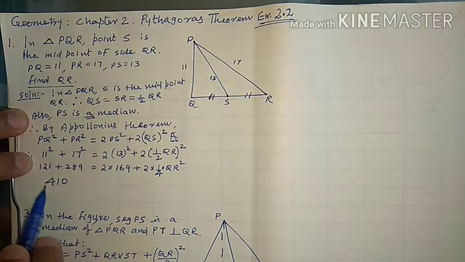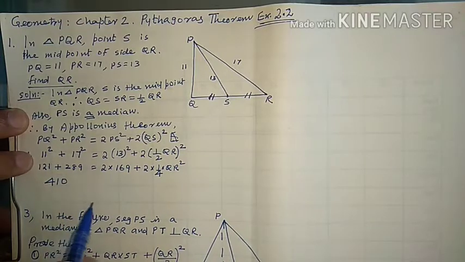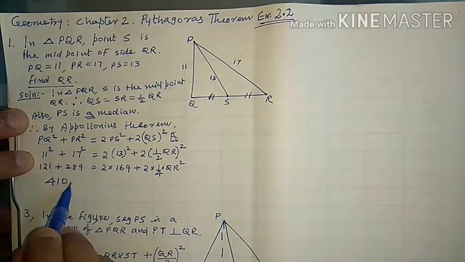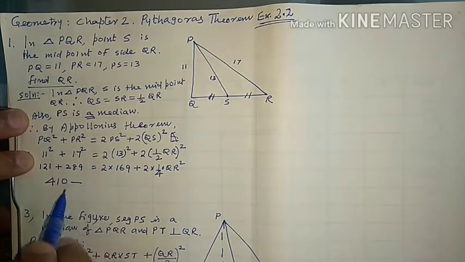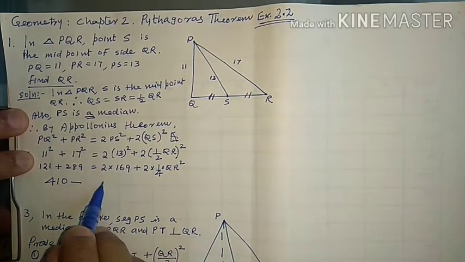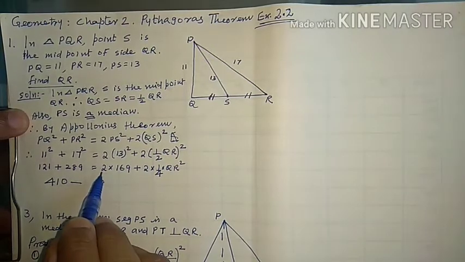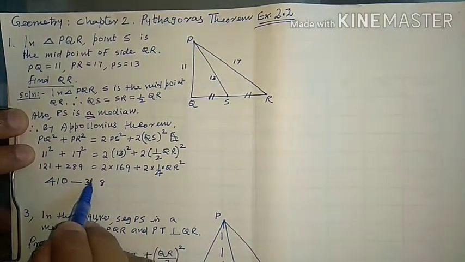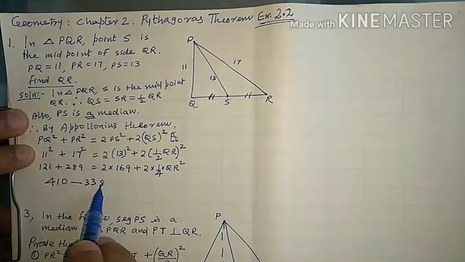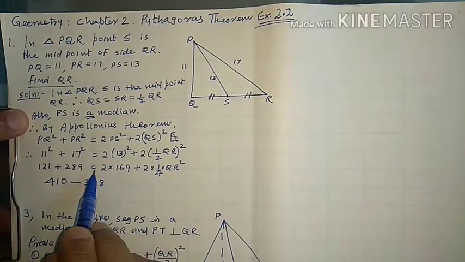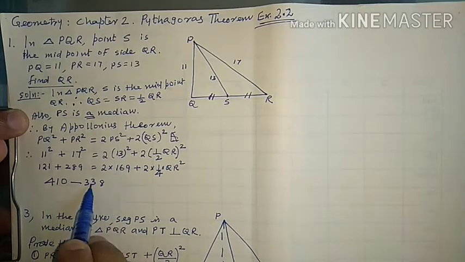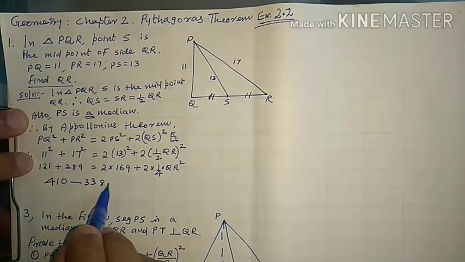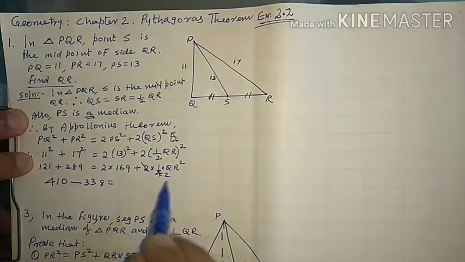So 410. Directly you subtract, or whichever manner you like. Now this we take to this side. Plus quantity becomes minus. 2 9s are 18, remember 1. 2 16s are 32 plus 1, 33. Here 2 cancels 2 times.